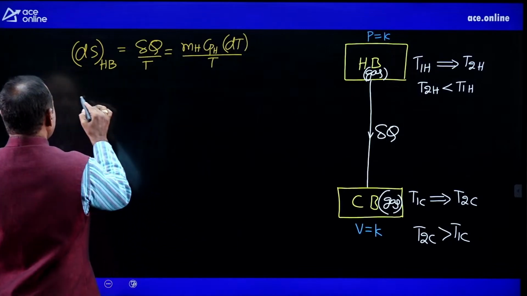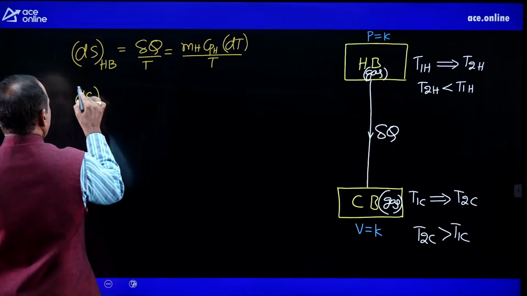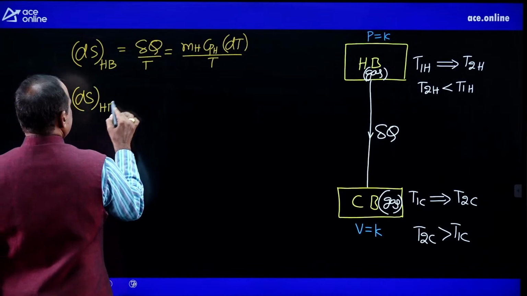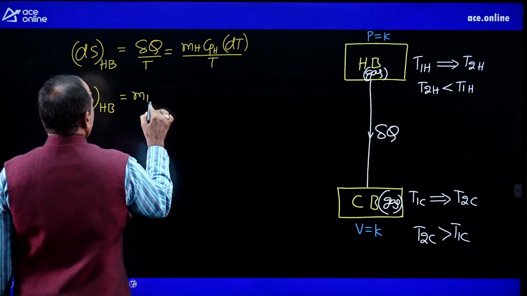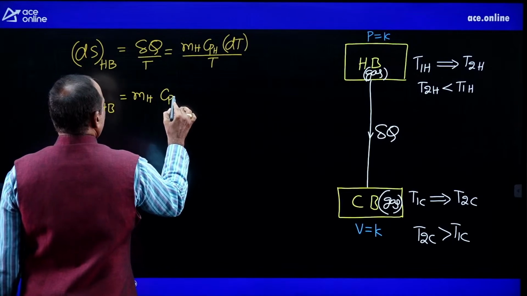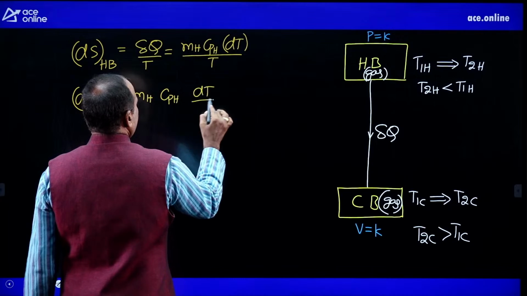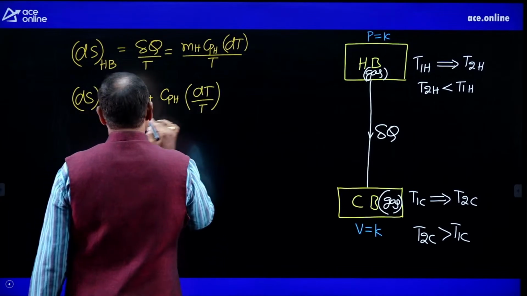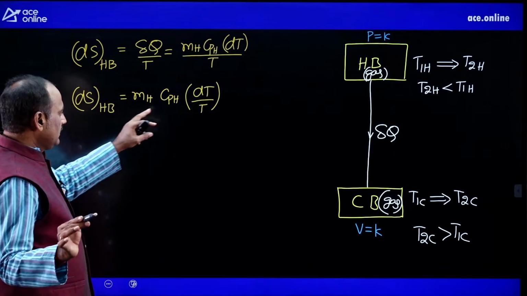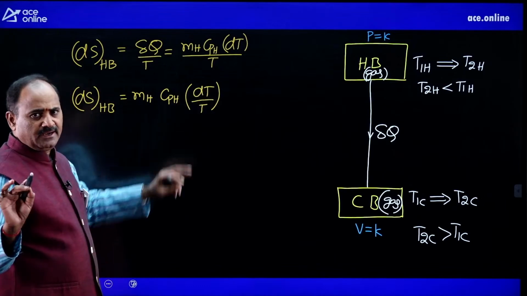It can also be written as change in entropy of the hot body is equal to mass of the hot body, specific heat at constant pressure of the hot body into dT by T. So this is the small change in entropy of the hot body with small change in temperature dT.